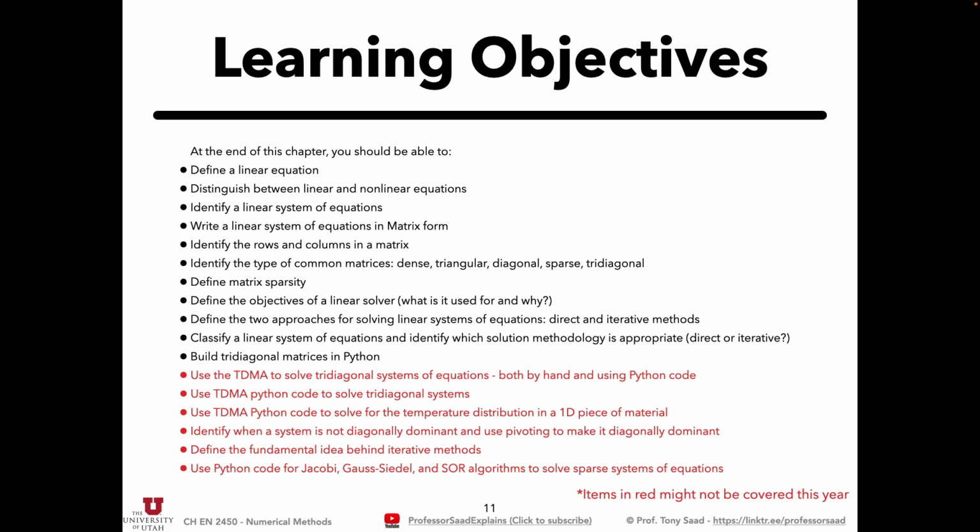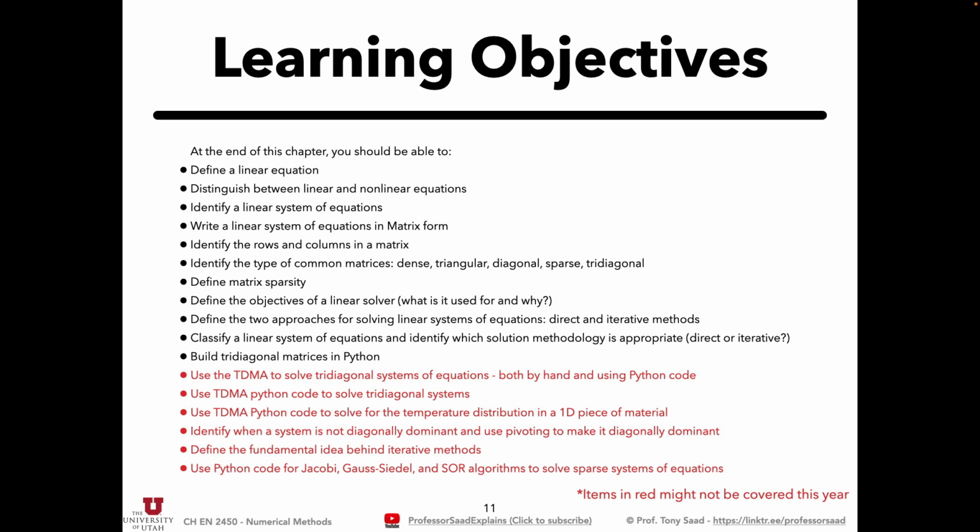My goal at the end of this chapter is that you should be able to define a linear equation as compared to a nonlinear equation. You see an equation and it's sort of obvious whether it's linear or not, but it can still be challenging because it depends on what you call your unknowns and what your known values are.